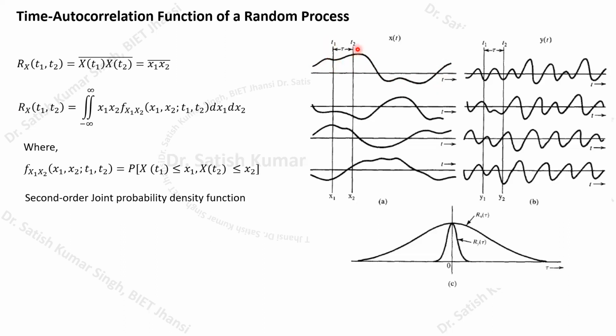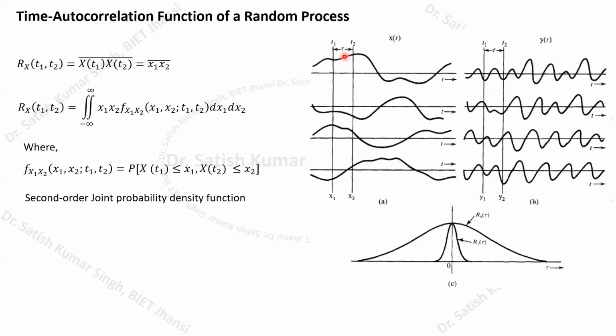We have to determine the value of this sample function at t equals T1 and at t equals T2. Let us say this value is x1 and this value is denoted by x2. So first we calculate these values x1 and x2 for one particular sample function.